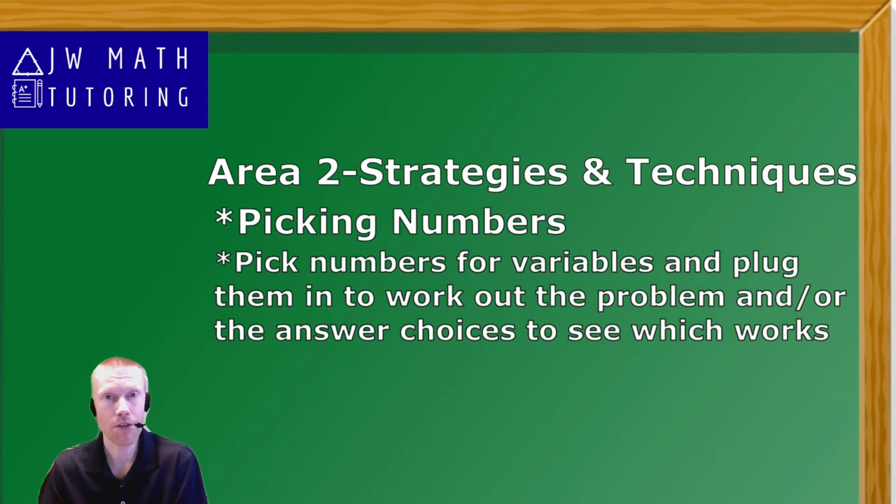The common ones are the ones that involve formulas, or ones where it talks about something being increased or decreased either by a percentage or by a value, like maybe something's doubling or tripling or whatever, but they don't give you the starting amount or the starting value. Those are common problems where you use the picking numbers strategy to help you solve it in a much quicker, easier manner.